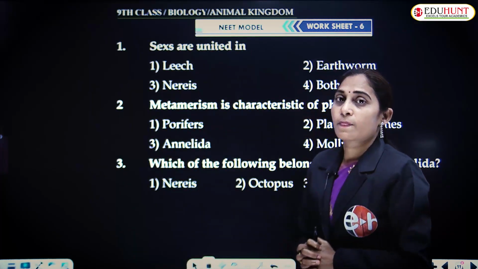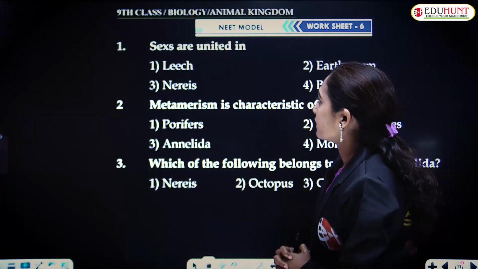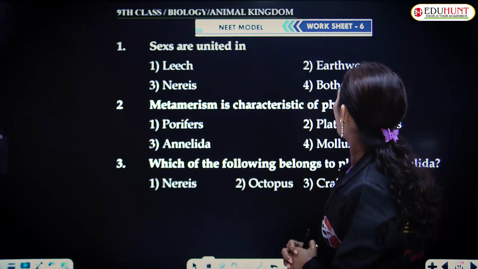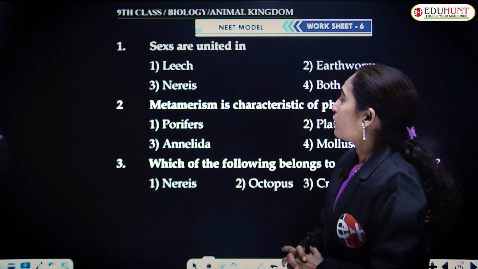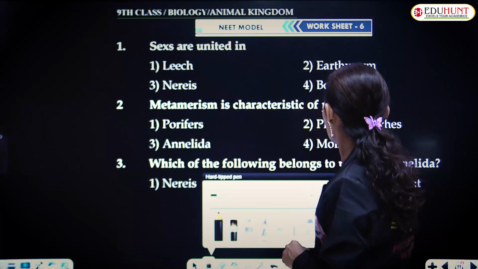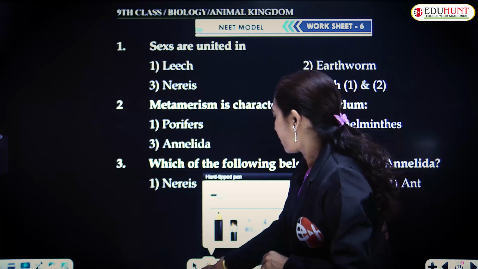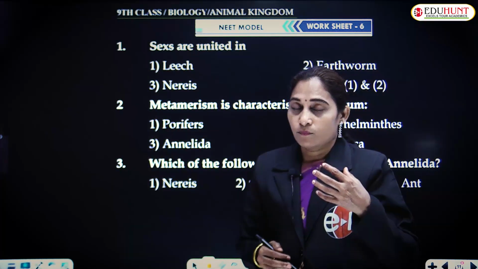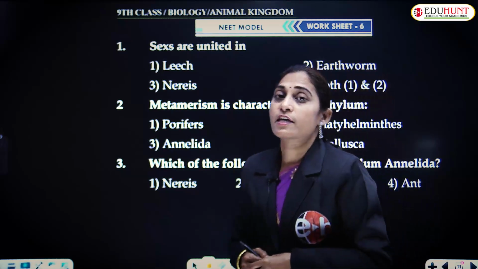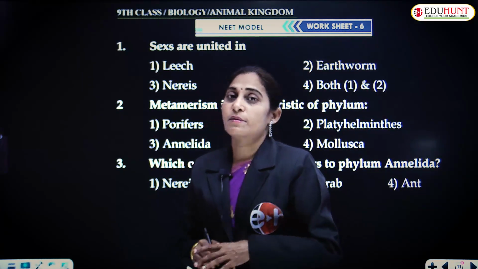Let's start. Sexes are united in leech, nereis, earthworm, both 1 and 2. United means both male and female sexes are present in the same individual, the same animal.